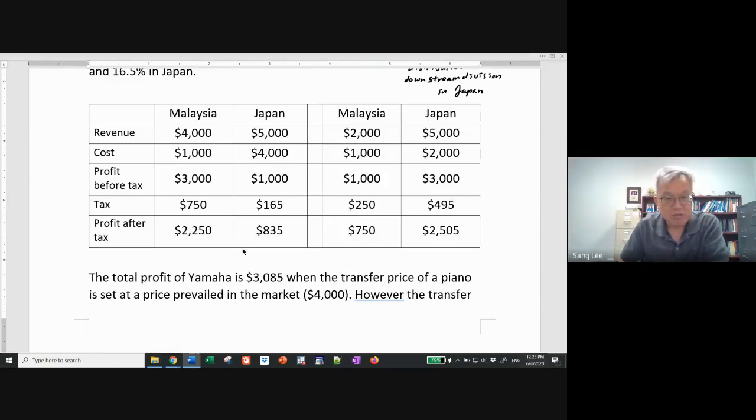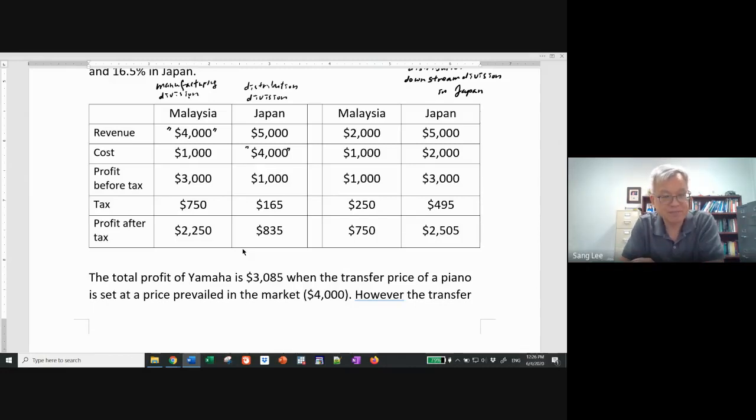Now compare these two columns: here is the manufacturing division, and this is the distribution division. When the manufacturing division charges $4,000 per piano, even though it is an accounting entry, that is the price the distribution division pays, so this appears here as a cost per piano.